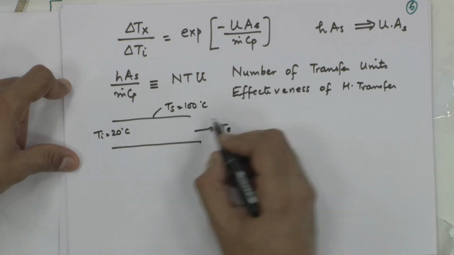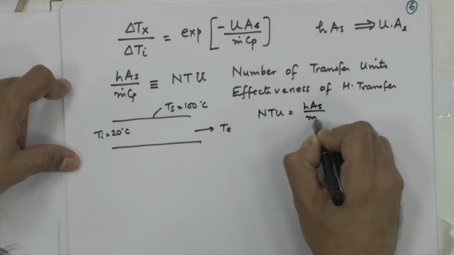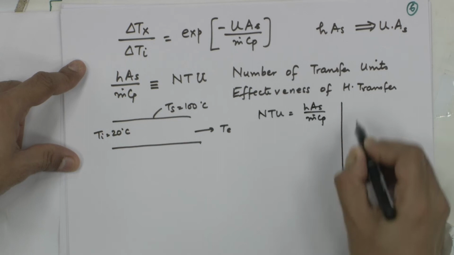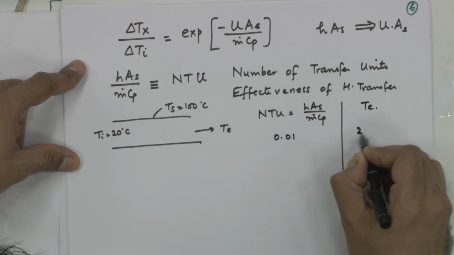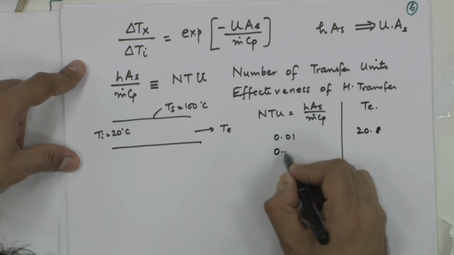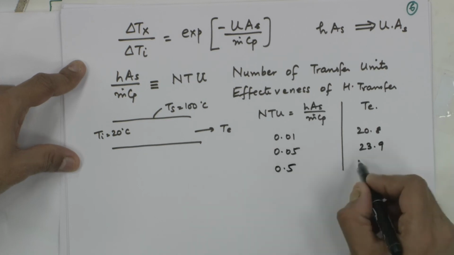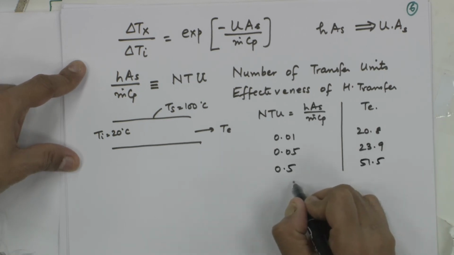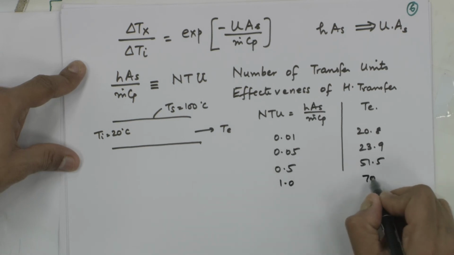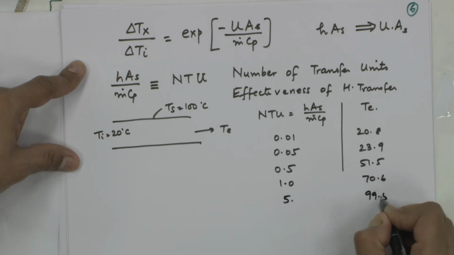So, if I put NTU equal to HAS by m dot Cp and calculate T exit, NTU of 0.01 gives me T exit of 20.8, 0.05 gives me 23.9, 0.5 gives me 51.5 as exit temperature, 1 NTU gives me 70.6, 5 gives me 99.5 and making it 10 gives me 100.